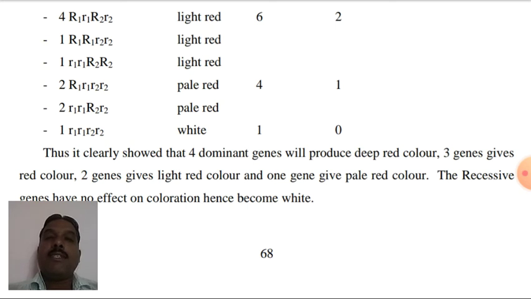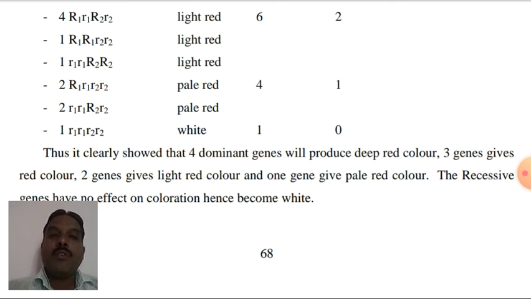Within these 6 genotypes we can observe that 2 dominant genes are present, so the color is light red. Which are those 2 dominant genes? In 4 genotypes we can observe capital R1, capital R2. Then in one genotype, capital R1, capital R1, and again in one, capital R2, capital R2. So in these 6 genotypes 2 dominant genes are present, so the color effect will be light red.